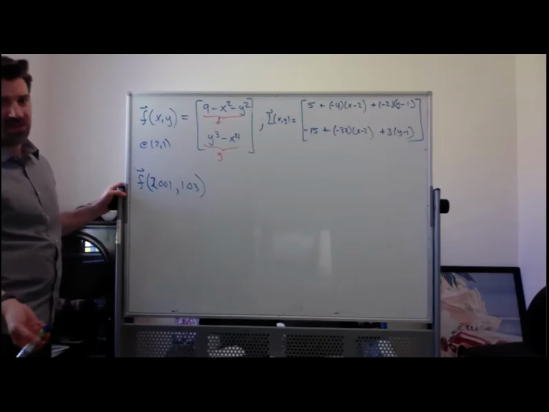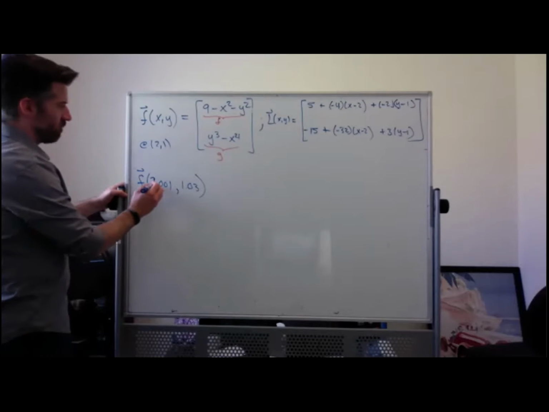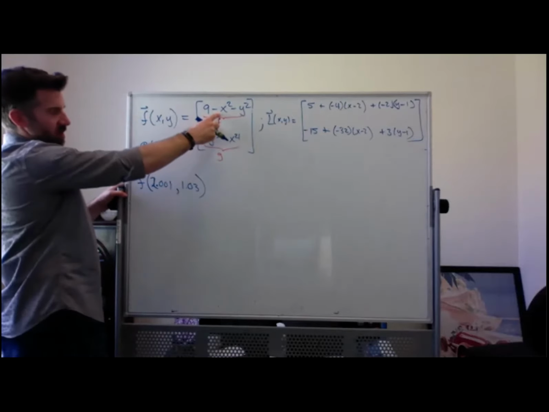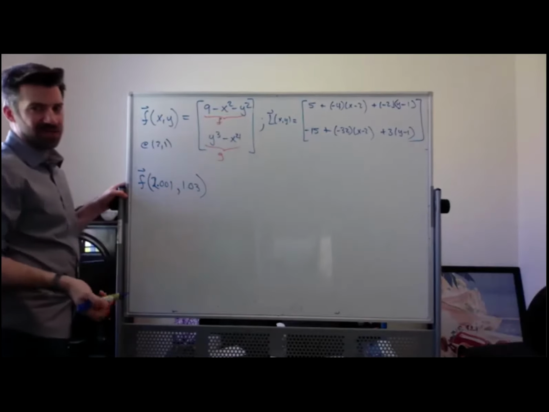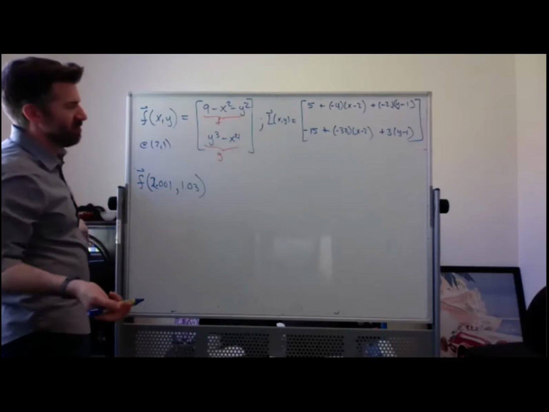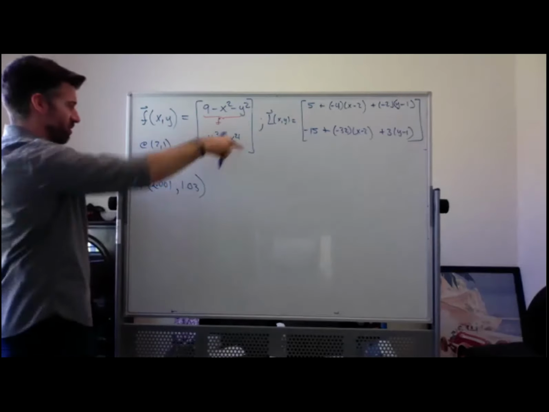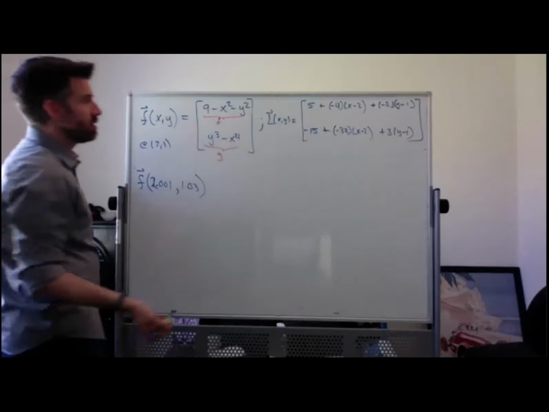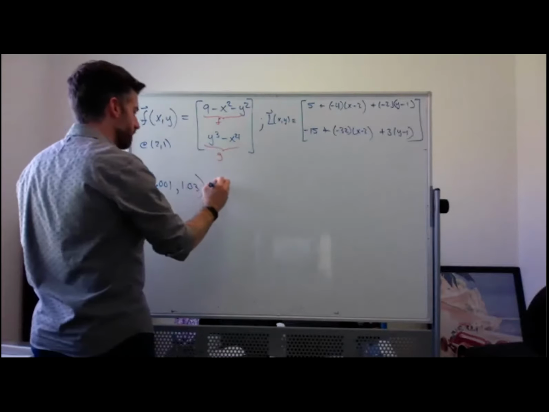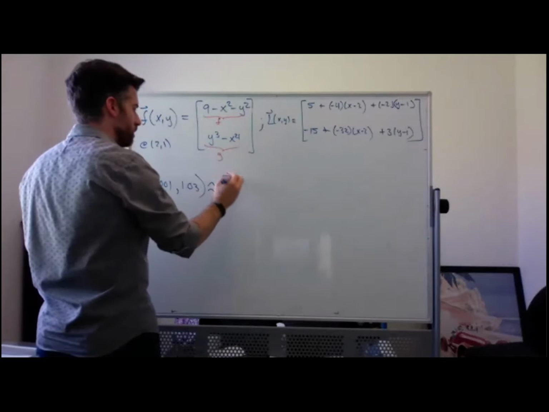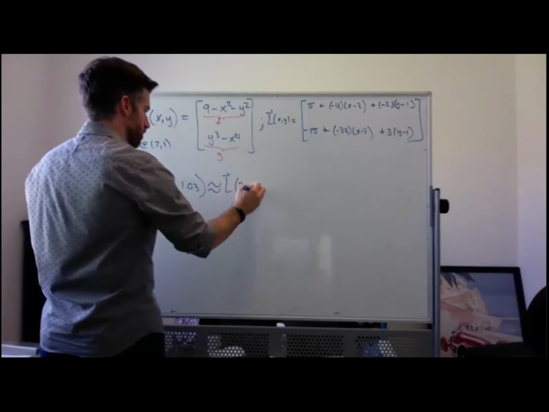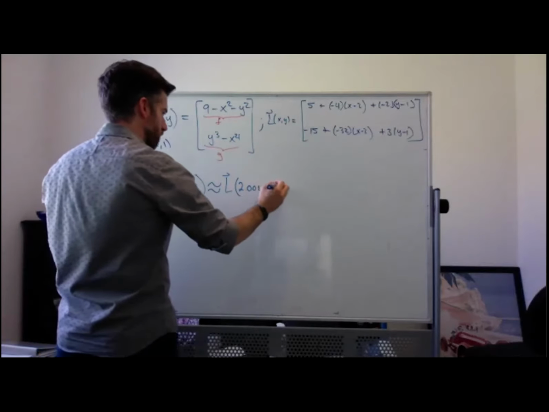It's not terrible, you could totally plug in 2.001 and square it and 1.03 and square it. It's not the worst calculation, but it's not fun, especially if you're cubing or fourth powering. So instead we say, well, that's approximately the linearization at 2.001, 1.03.